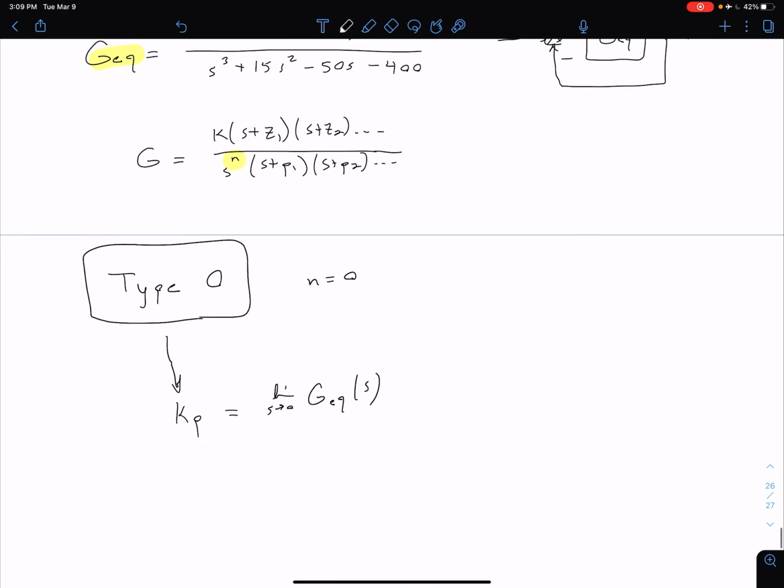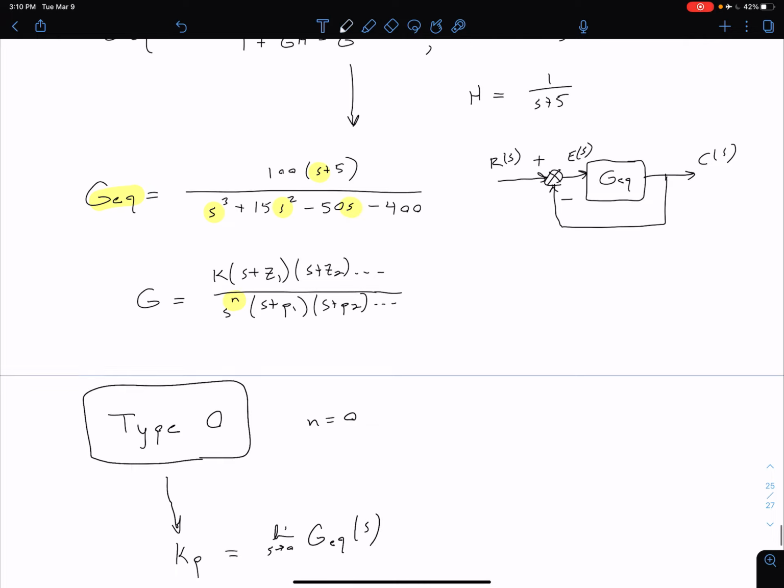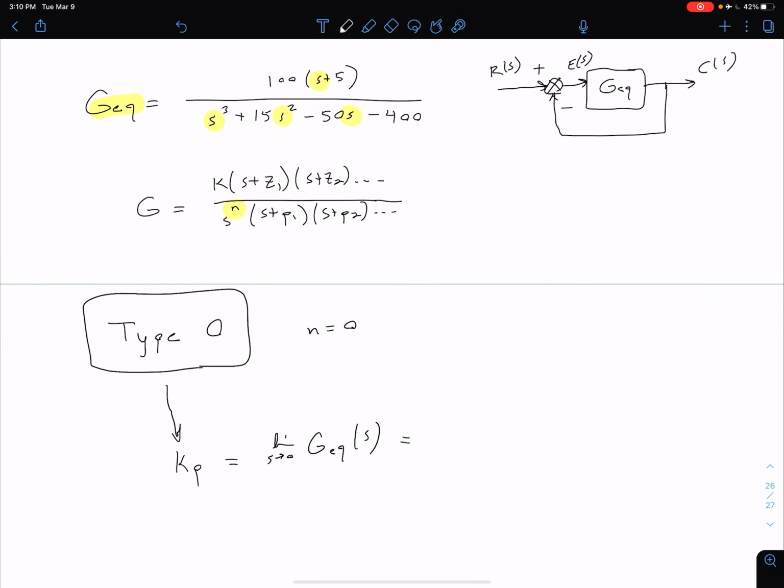If we come up here to our general expression and let our s's go to 0, all of those terms go away, and we're just left with 100 times 5 in the numerator, and in the denominator just the negative 400. That gives us negative 5/4 for our position constant. So this is our static error constant, K sub p.